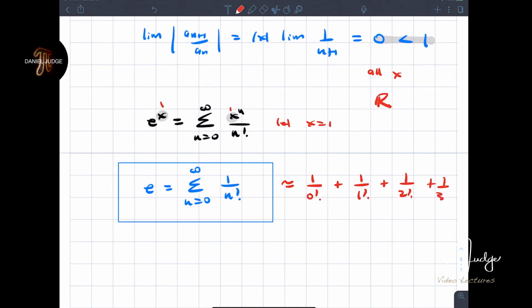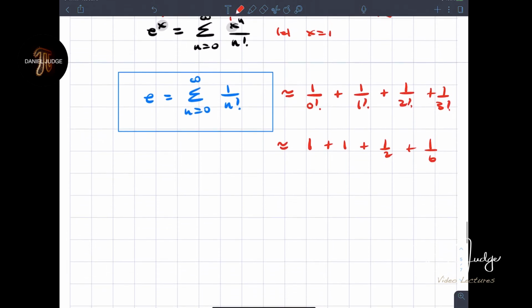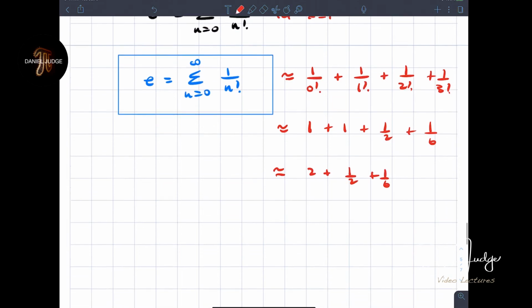Maybe go out to 3 because we're running out of space. That e is approximately, this is 1, 1, 1/2, 1/6. E is approximately the sum of these numbers. And you could go out to 4, 5, whatever, 10. We can approximate e. And if we only went this far, we should say that's 2, plus 1/2 plus 1/6.